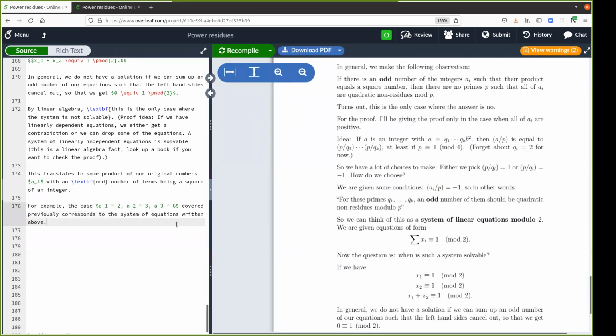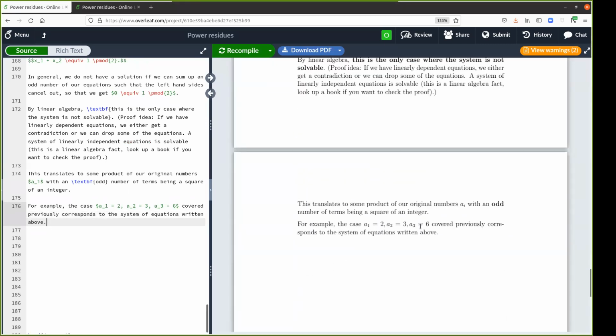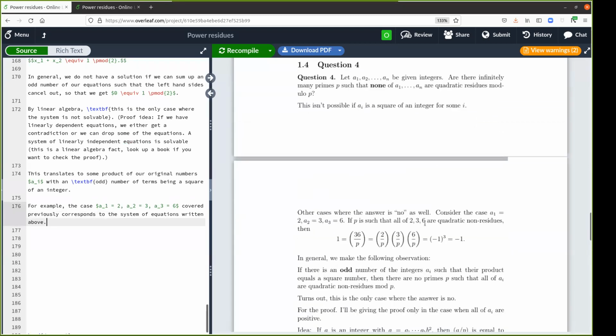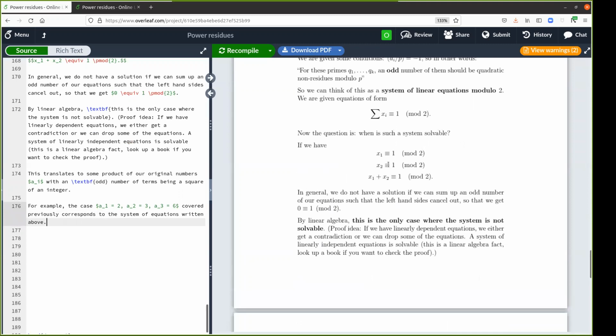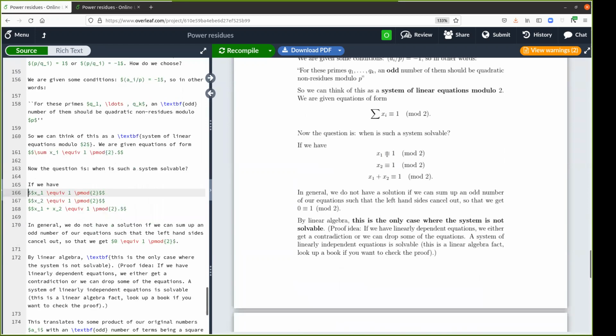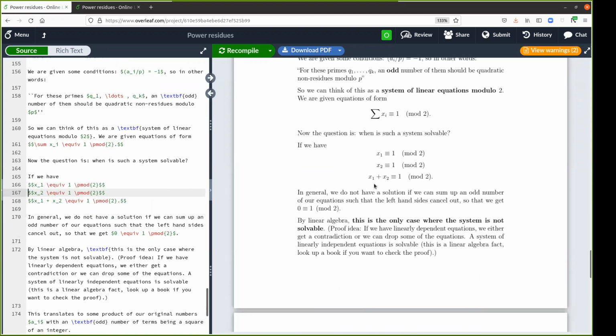For example, the case where we had 2, 3, and 6, the motivating example, corresponds to the system of equations we have here. So you can think of x1 corresponding to the prime 2 and x2 to the prime 3.